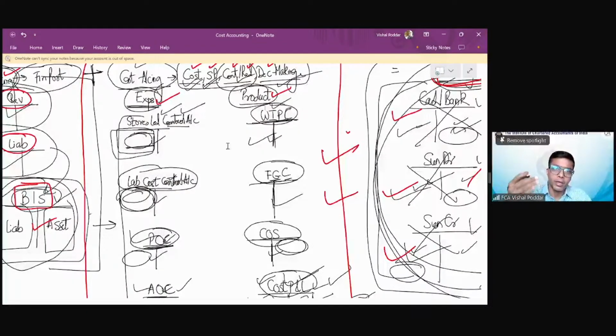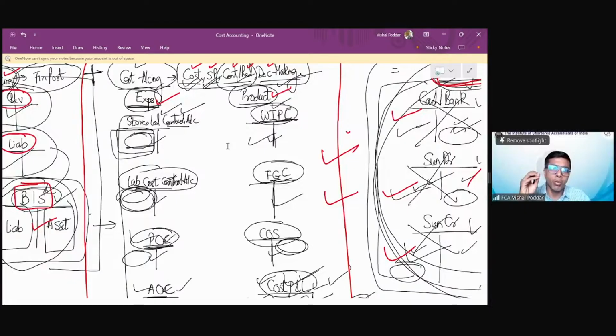But cost accounting says, I don't require expenses by these heads. For me, expenses are broadly three: material, labor, expense for resources, and further classified into direct, indirect. So basically the indirect ones become overheads, which are further function-wise divided into production overheads, administration overheads, selling distribution overheads.